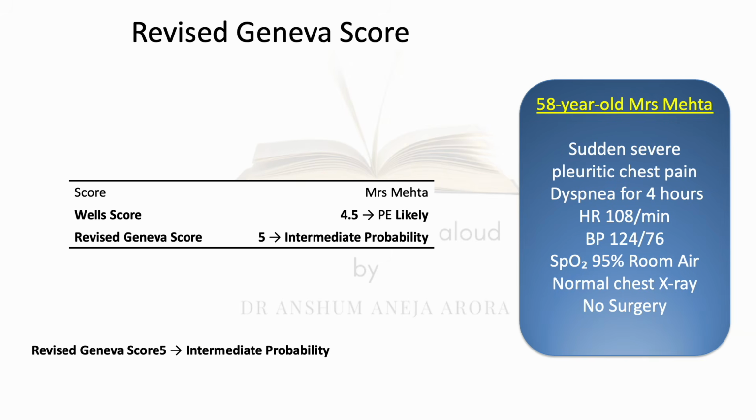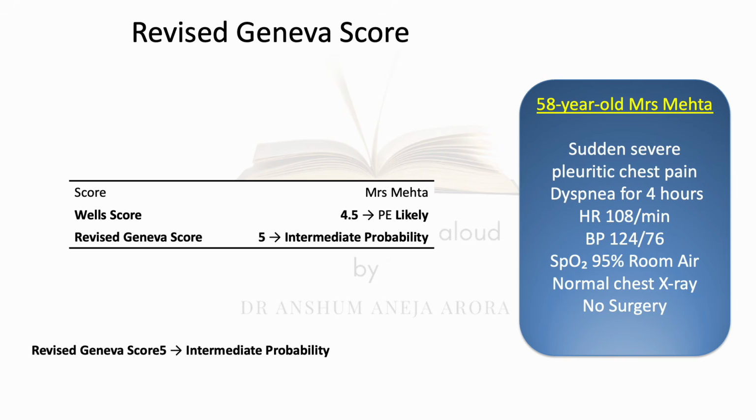So we have a condition where for this patient, the Wells score is 4.5, which is interpreted as PE likely, and the revised Geneva score is 5, which also gives us an intermediate probability. So for our patient, we have tried using both clinical impression and Wells, and clinical impression and revised Geneva score. And what we are getting is that there is a probability that this patient might have pulmonary embolism.